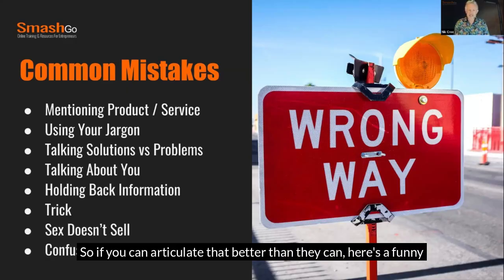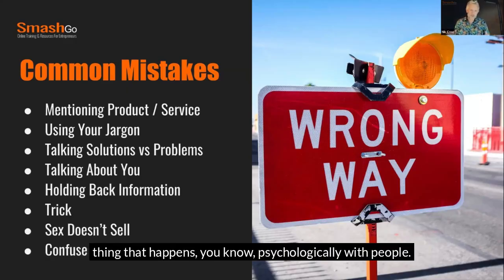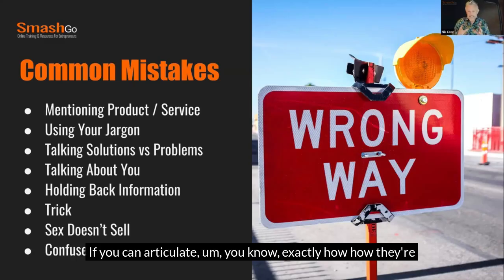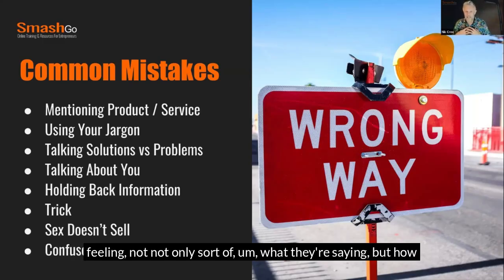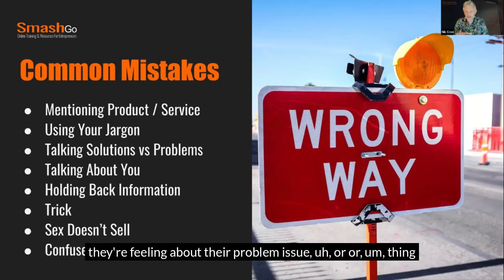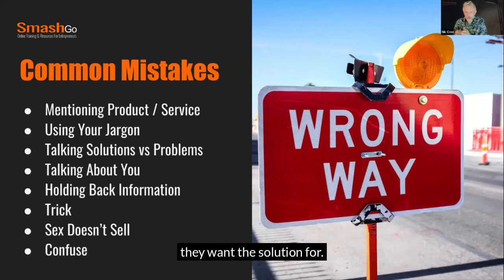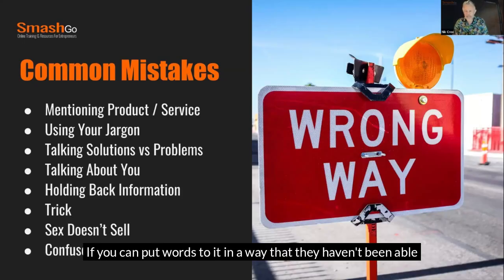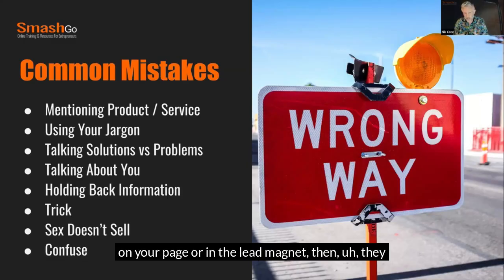If you can articulate that better than they can, here's a funny thing that happens psychologically with people. If you can articulate exactly how they're feeling, not only what they're saying but how they're feeling about their problem, issue, or thing they want the solution for, if you can put words to it in a way that they haven't been able to, and you've got that up on your page or in the lead magnet, then they automatically think you have the solution.